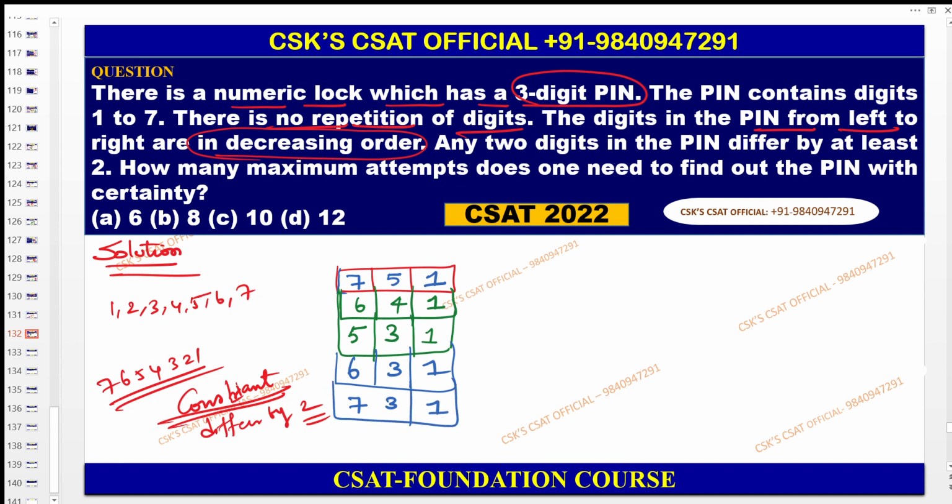Anything else possible? 641, 741 is also possible. Very good. 741. Anything else possible with 1? No, right? No, sir. Okay, fine.